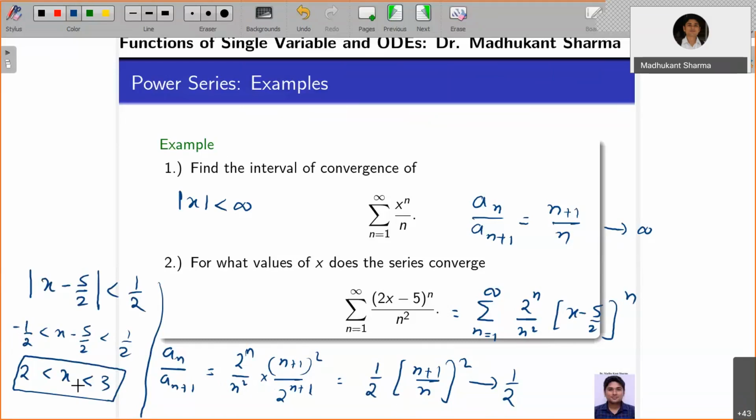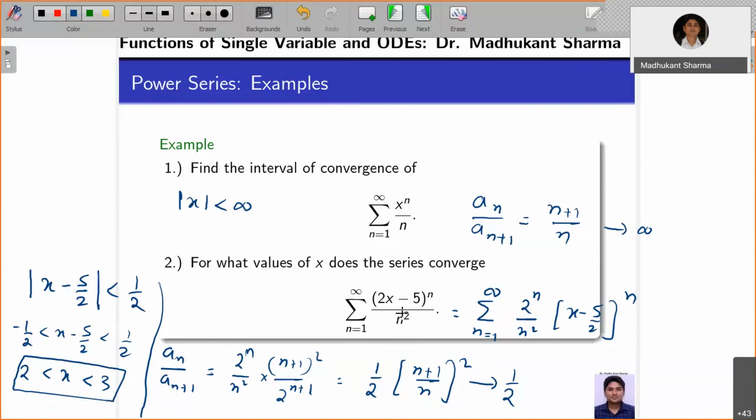And at the points x equals 2 and x equals 3, you can certainly talk about this. So for x equals 2, what will happen? At x equals 2, it is going to be (4 minus 5), so minus 1 to the power n by n square. You can show by using the p test that this converges, because p equals 2 is greater than 1.